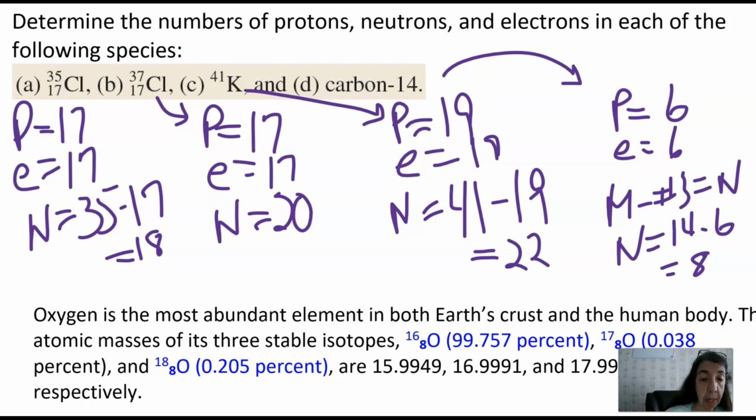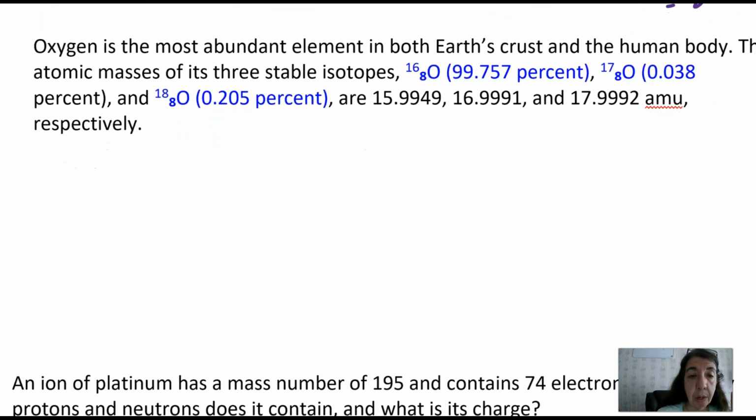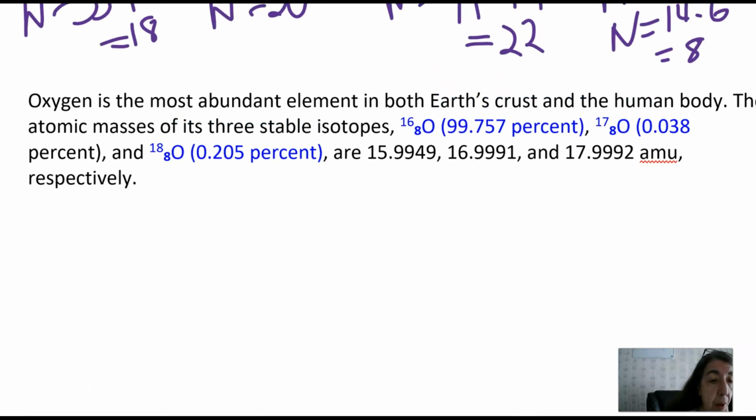And let me see if I can slide down a little bit. Go back to here. And we can do this next one. So now what we're going to do is take each one and multiply it by its weighted average. So the first one, the most stable one, is this one here. That's 99% of the oxygen that we see. And it has a mass of 15.99.